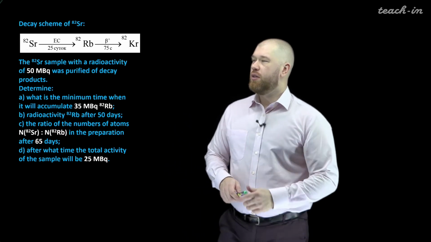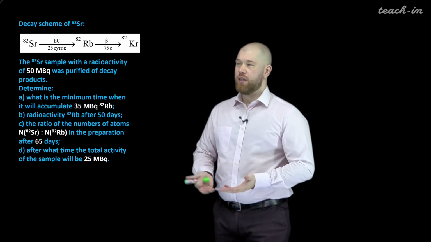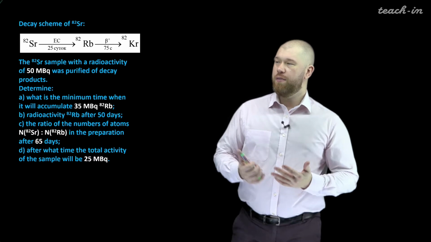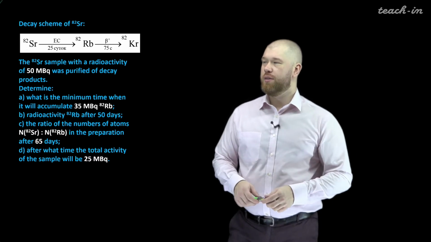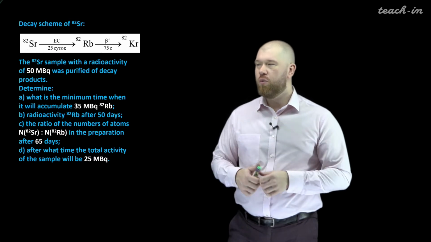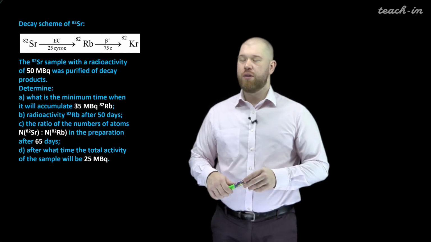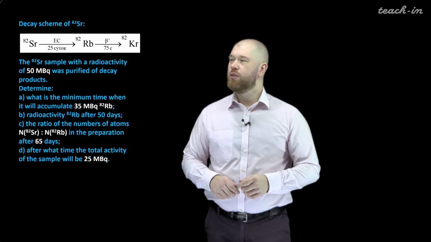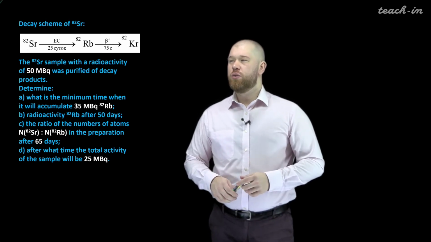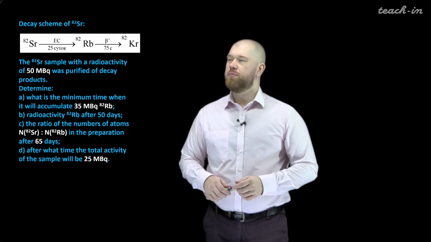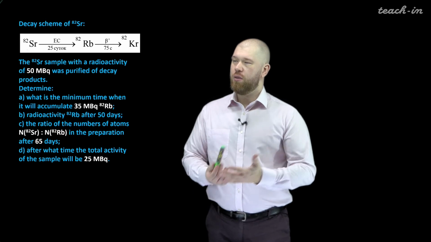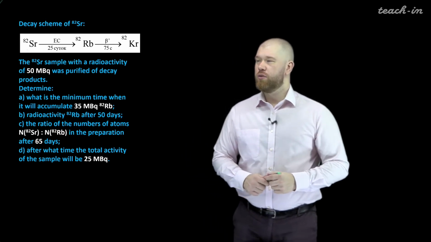And we can see that it is a case of secular equilibrium, when we have a half-life of the mother radionuclide much longer, more than 100 times longer than the half-life of the daughter radionuclide. And we can use very simple equations in this case to calculate the accumulation of the daughter radionuclide.